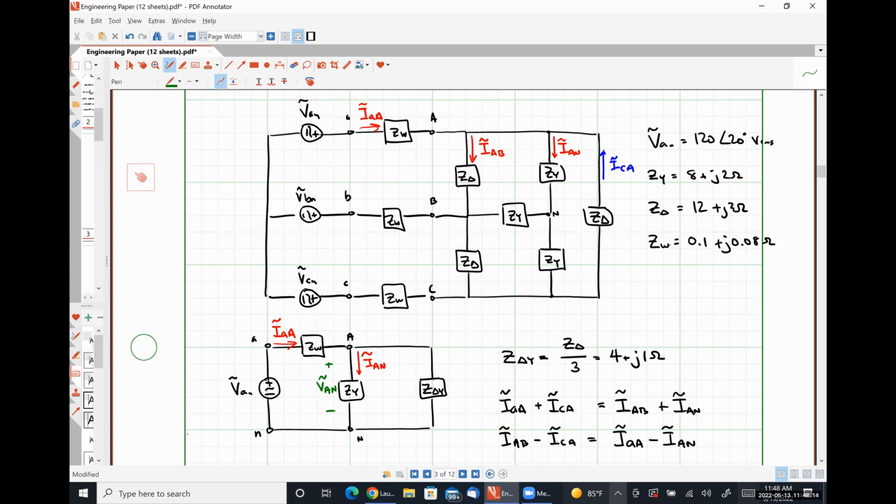Okay. So ICA should always be flowing from the first subscript, terminal C, to the second subscript, terminal A. Okay, so the reason why I wrote it as ICA as opposed to IAC is because when we're looking at our quantities, we're always going to go AB, BC, CA, and cycle back around.